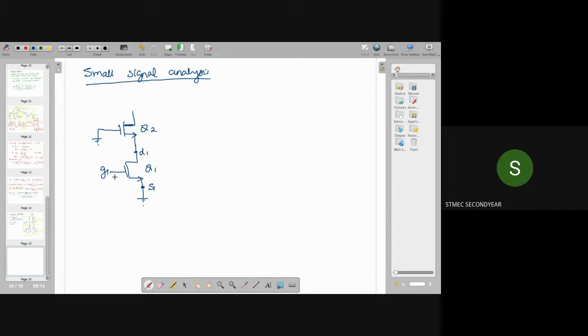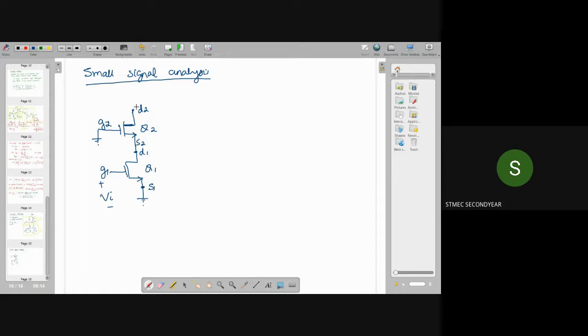And between this gate and source, that is, to the input of this common source configuration, we are applying our input signal Vi. And for Q2, this terminal is source and this terminal is drain. This is gate. So D2, G2, S2 are the terminals of Q2 and D1, S1, G1 are terminals of Q1.